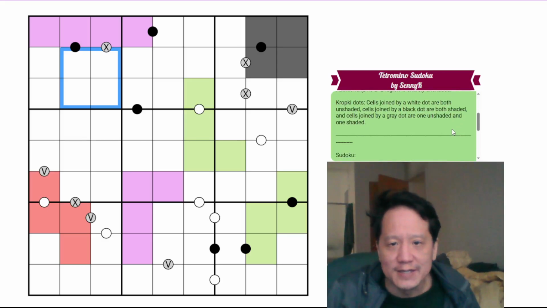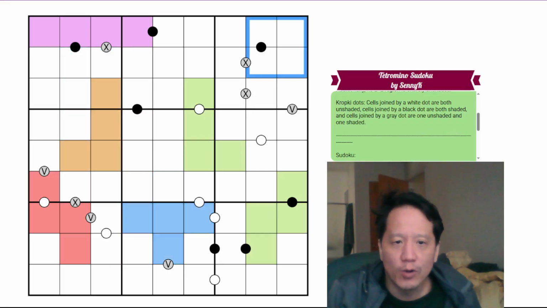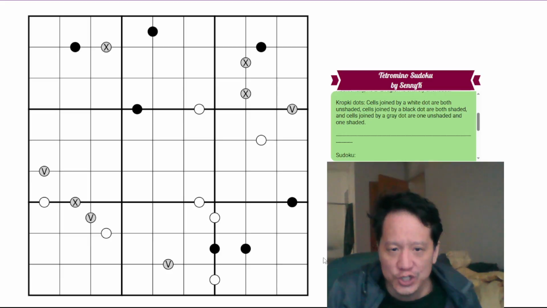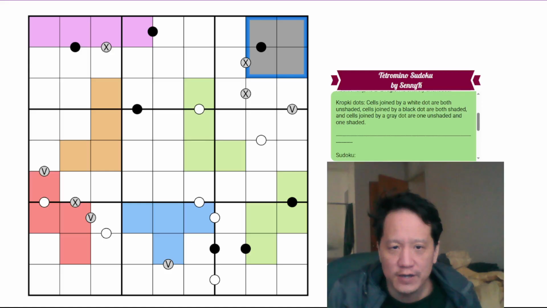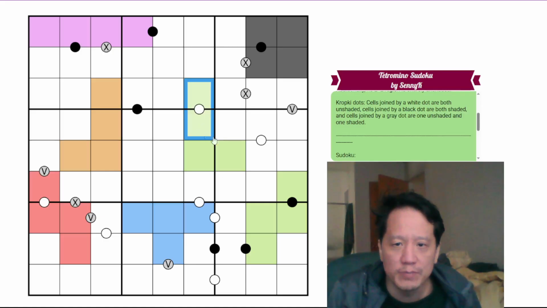We have Kropki dots, where cells joined by a white dot are both unshaded. So that would not be valid there if I try to have that, because these must both be unshaded. And cells joined by a black dot are both shaded.